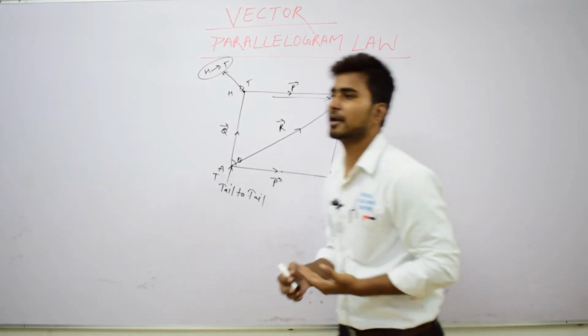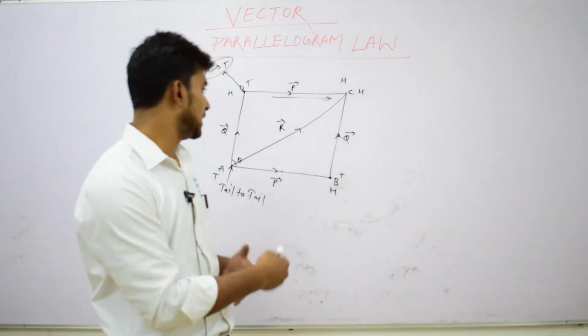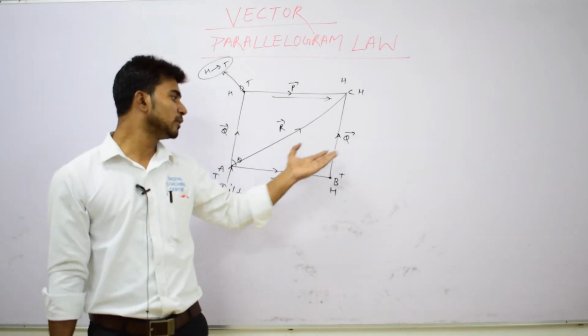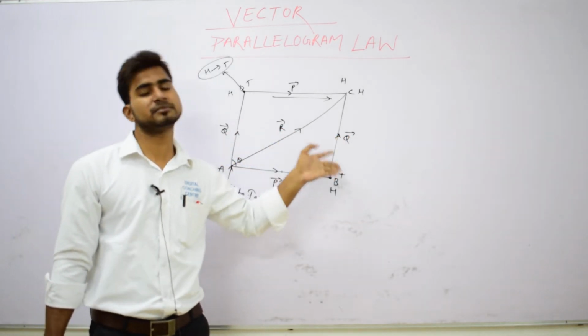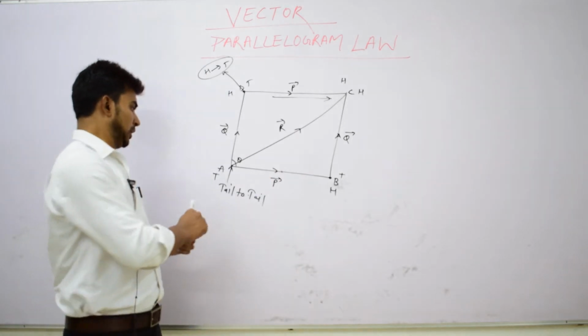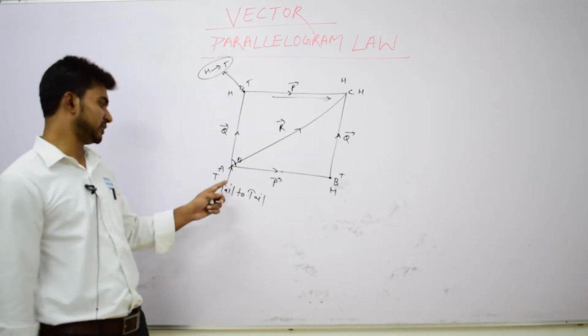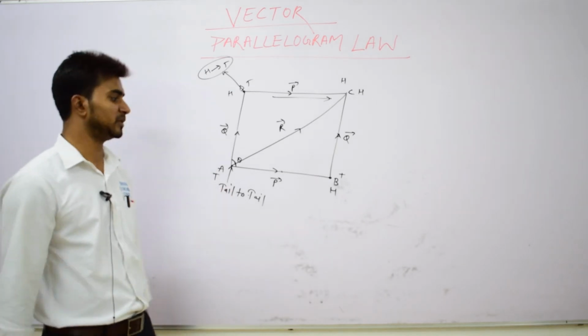But now we have to find the relation between the resultant's magnitude and the vectors' magnitudes. Let's suppose the angle between the vectors is theta, as I already told you, tail to tail connection will be there.